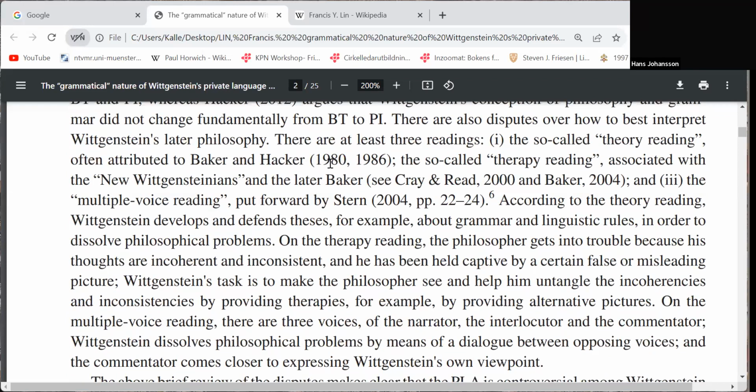There are also disputes over how to best interpret Wittgenstein's later philosophy. There are at least three readings. One, the so-called theory reading, often attributed to Baker and Hacker.